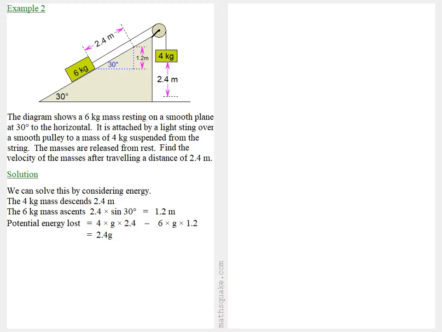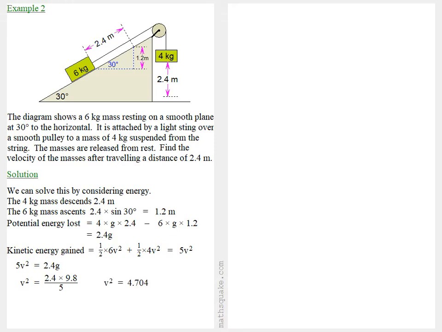Now both masses start from rest and accelerate up to a velocity v. So the kinetic energy gained is a half times 6v squared plus a half times 4v squared, which is equal to 5v squared. So we have 5v squared equals 2.4g, and if we divide by 5, v squared is equal to 2.4 times 9.8 divided by 5.